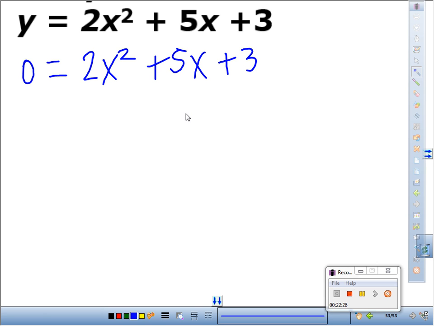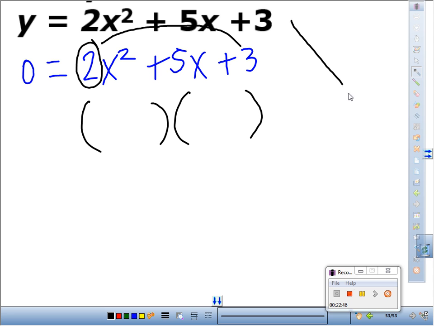Pass it to someone. Isaac, next step. Factor. Uh-oh, but wait a minute, we cannot factor the first term because it has a what? A coefficient greater than 1, but I circle it to remind me to do what? Multiply that times the last term. We got 6, 5.